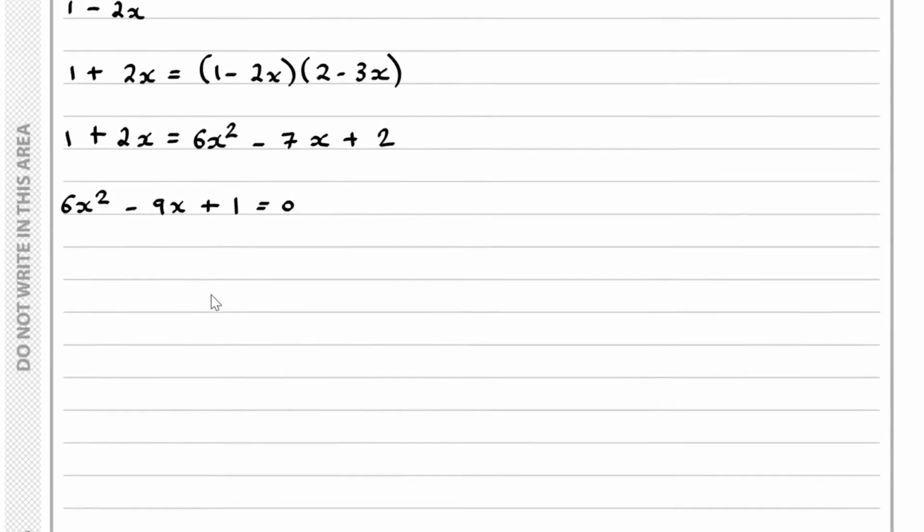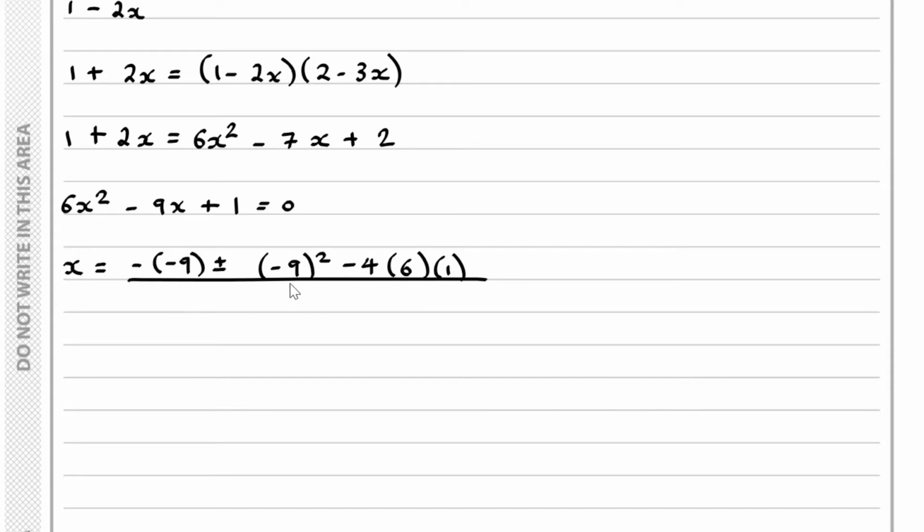So if we solve this quadratic equation, we have x equals minus minus 9 plus or minus the square root of 9 squared minus 4 lots of 6 lots of 1, over 2 lots of 6.